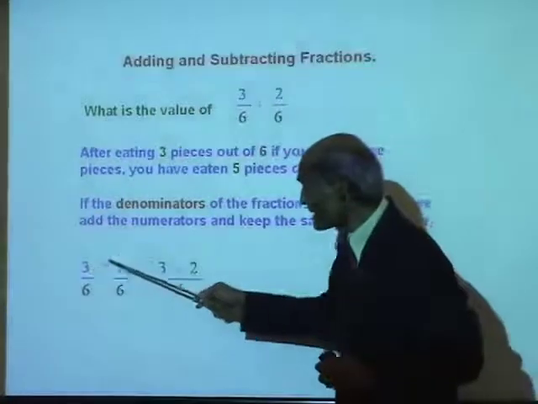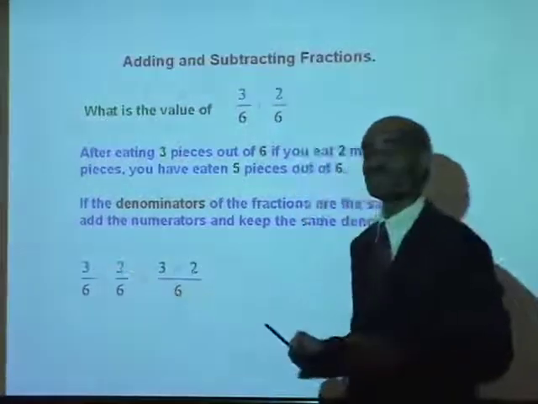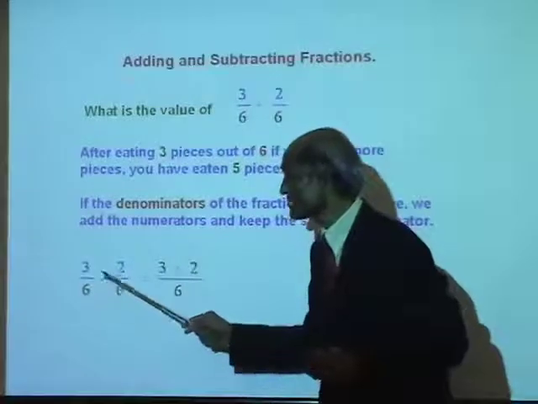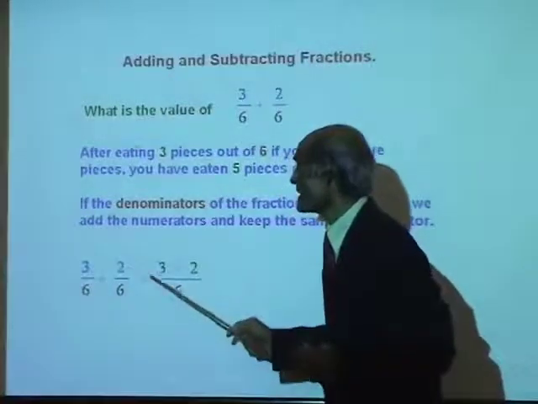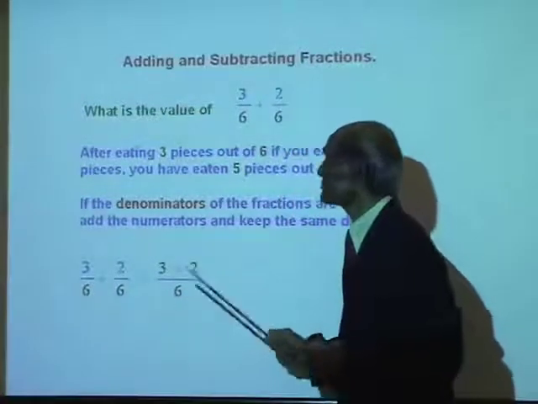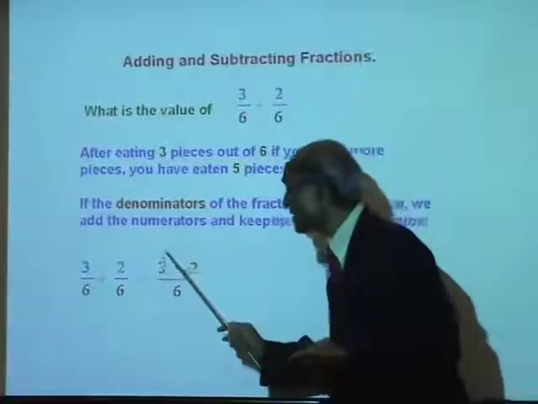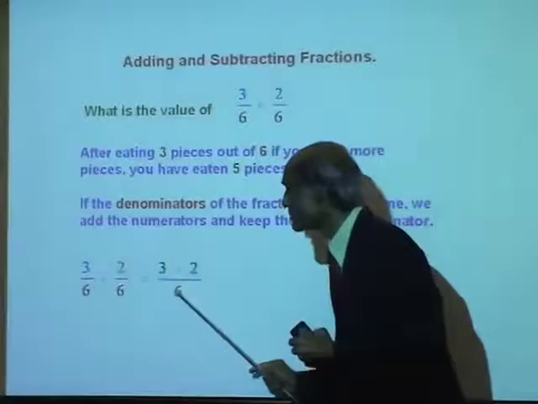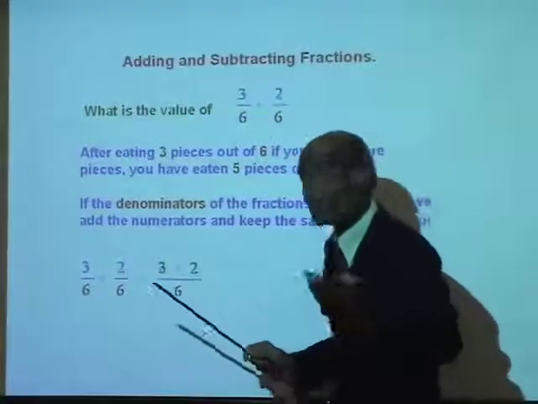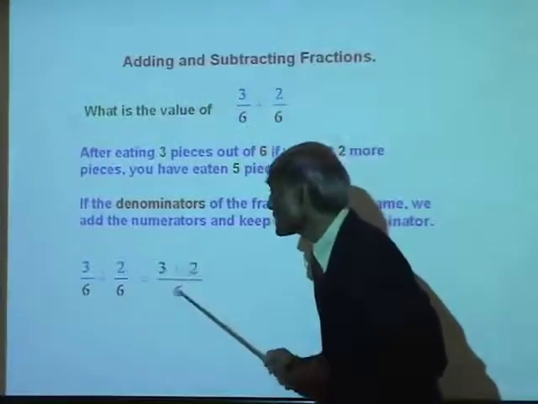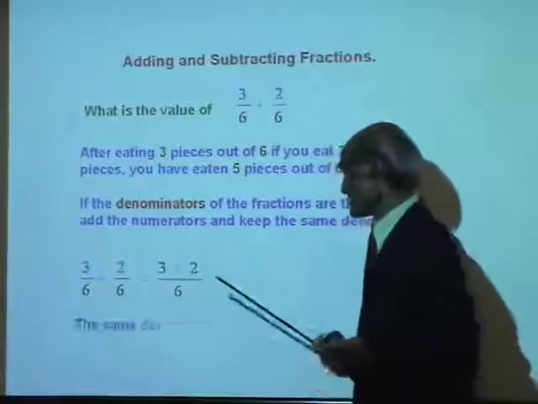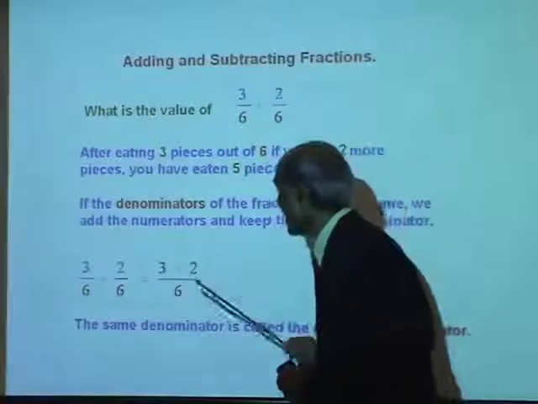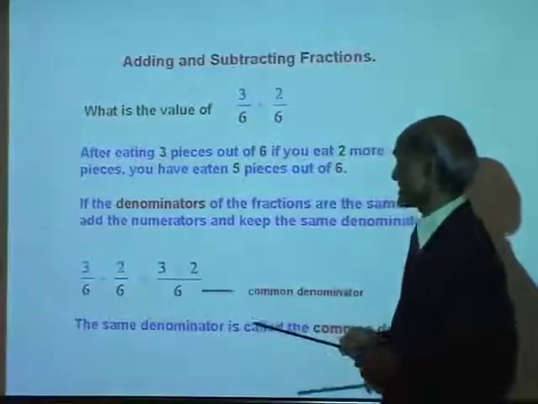And the numerator is the sum of the two. So 3 over 6 plus 2 over 6 is 3 plus 2 over 6. You see? Eating 3 pieces out of 6, and then eating another 2 pieces out of 6 is the same as eating 5 pieces out of 6.